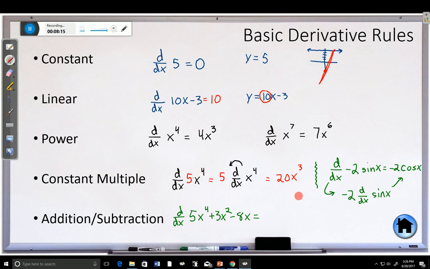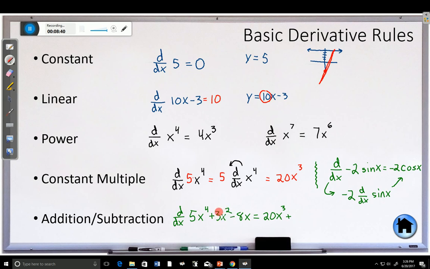Well, the addition-subtraction property allows you to take the derivative of each one of these terms individually. So the 5x to the fourth, take that derivative by itself. We know that gives us 20x to the third. 3x squared, take that derivative individually.